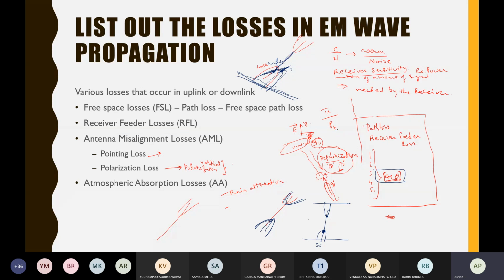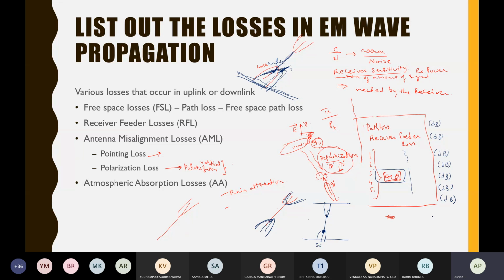Okay, so coming back to our point, you go on listing how many losses there are. Generally we do all this in dB scale. So this much dB path loss, this much dB receiver feeder loss, this much dB antenna misalignment loss, this much dB polarization loss, this much dB rain attenuation, this much dB cloud attenuation, this much dB oxygen absorption.